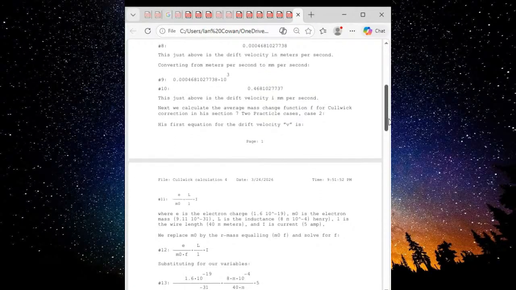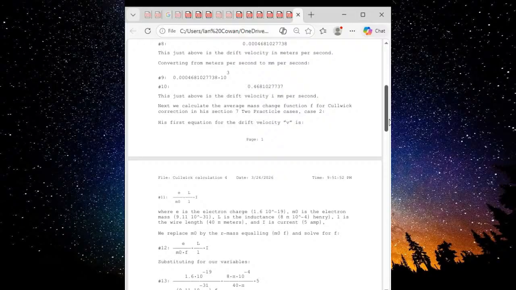And let's see here. We're solving for the multiplier F times m0, which gives the right drift velocity, which is what we've just calculated.